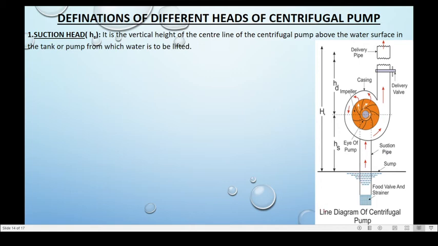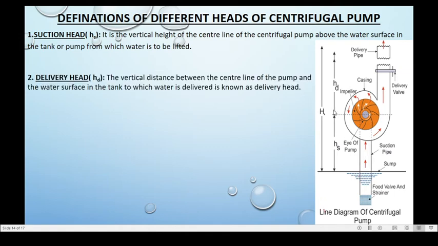Once again, the vertical line from the surface of the sump to the center line of the pump is HS, the suction head.